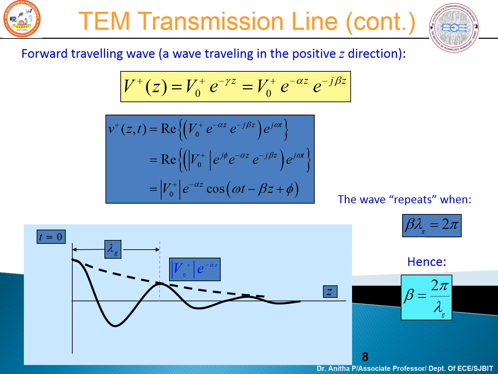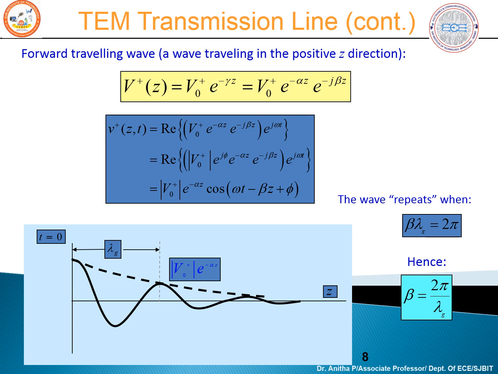And here you can observe v naught e power minus alpha z, representing the magnitude of the wave, will keep on reducing exponentially as time progresses or as space progresses. So you can observe here v naught into e power minus alpha z. And the other term accounts for the phase variation.